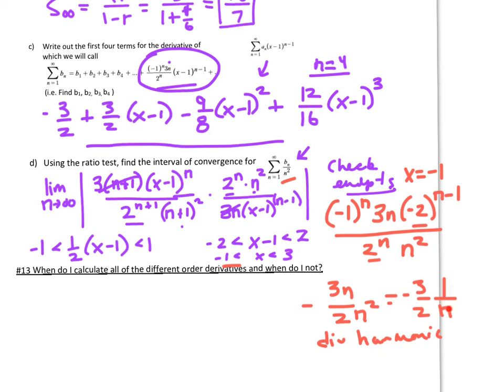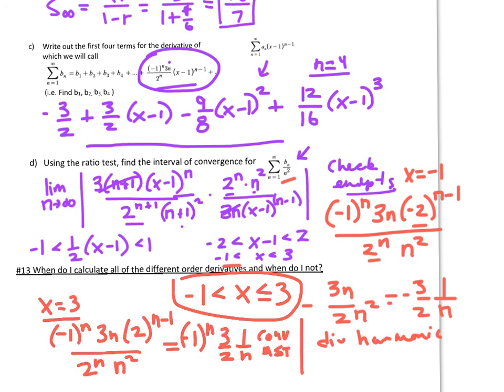Well, our alternating harmonic is okay, and as we showed before, the terms go to 0, and each successive term is less than the previous term, so therefore it does converge by the alternating series test. And so if we write this out in the end, this is going to be -1 not included and 3 included. There's my interval of convergence. For x equal to 3, it converges by the alternating series test.